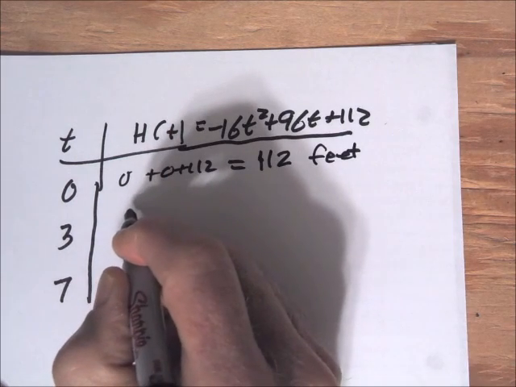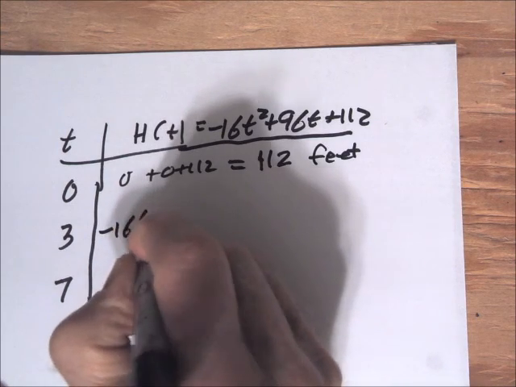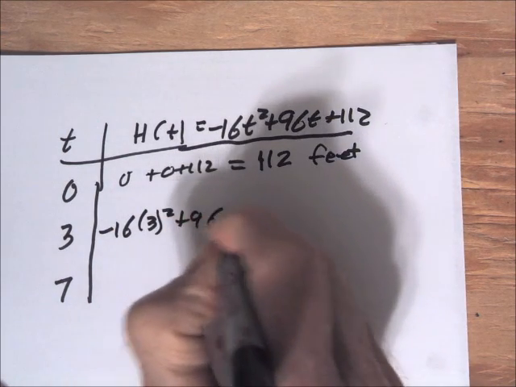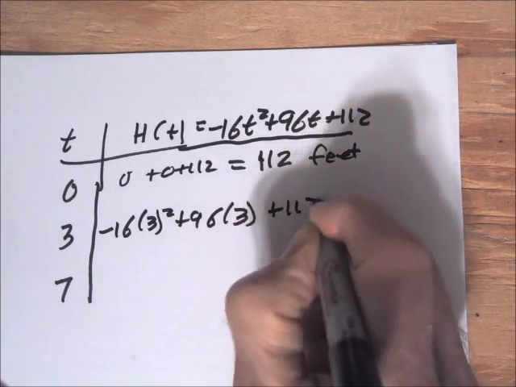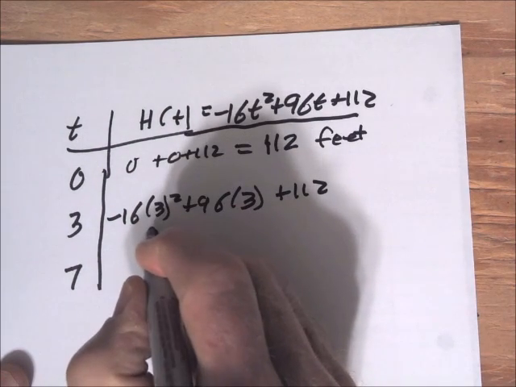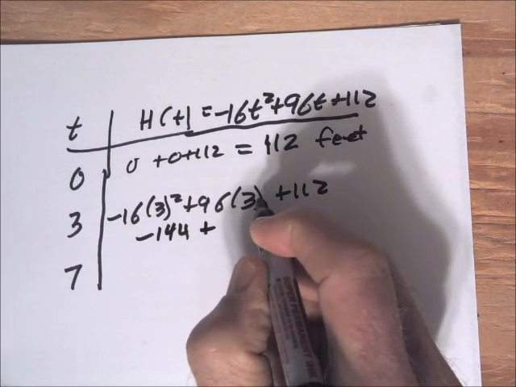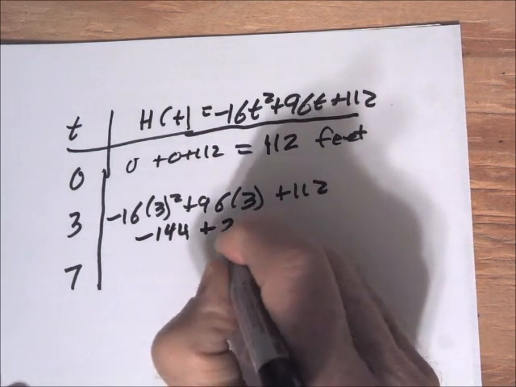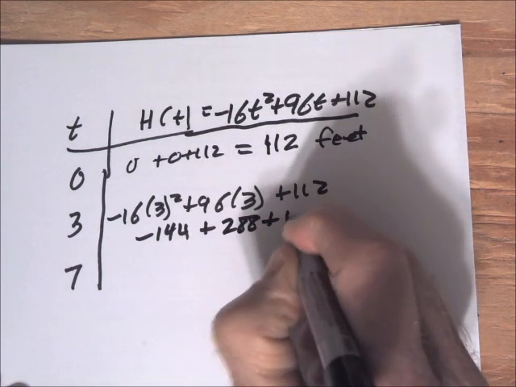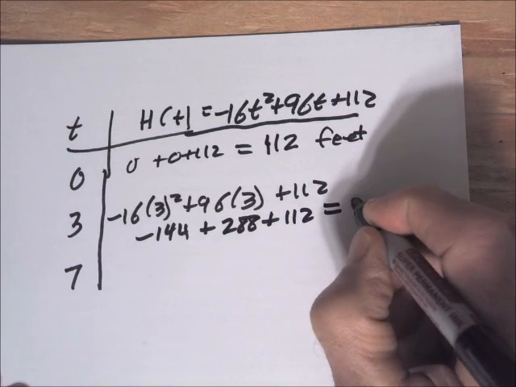At time 3, we don't know yet. Minus 16 times 3 squared plus 96 times 3 plus 112. 3 squared is 9, and 9 times 16 is 144. It'll be minus 144 plus 96 times 3, which is 288, plus 112, and it will give us 256 feet.